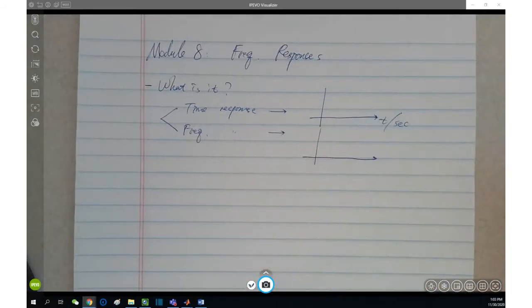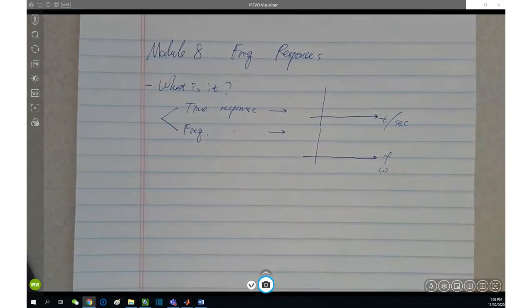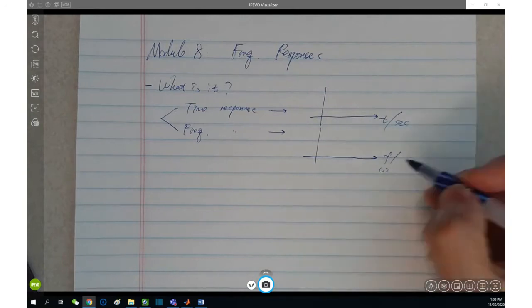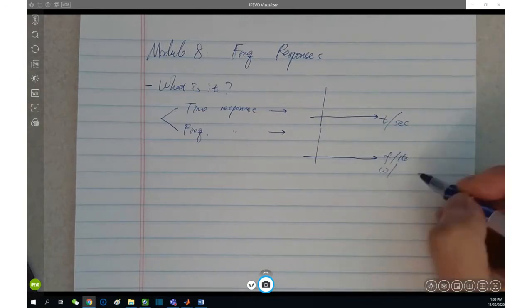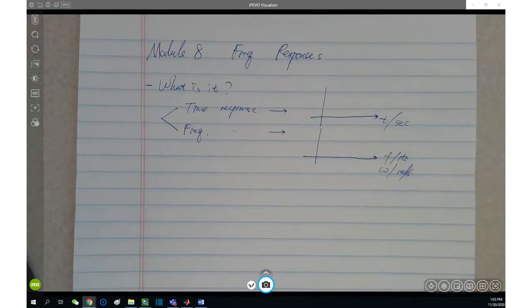The x-axis is frequency, f or maybe omega. f is in hertz. Omega is obviously in radian per second. This is the frequency response.